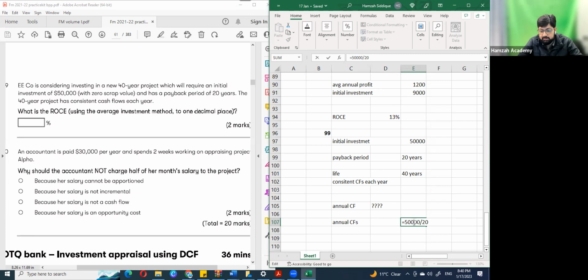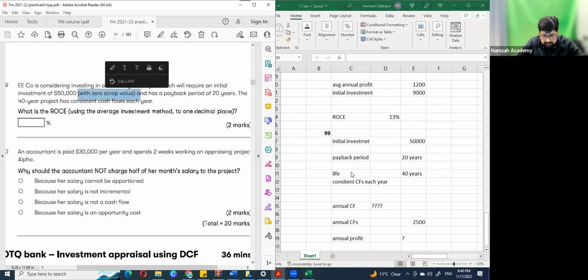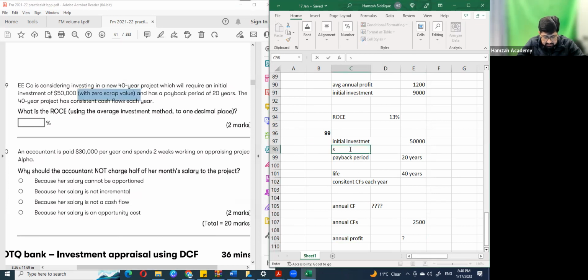Now, next. The next is ROS, average investment method. What is the annual profit? Average, because annual profit is the same, average annual profit. 40-year life, zero scrap value.